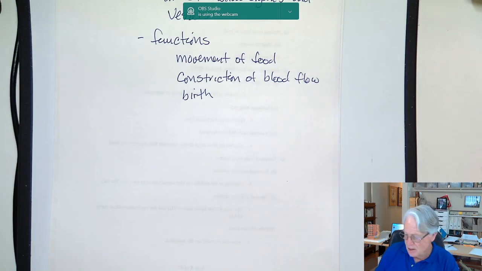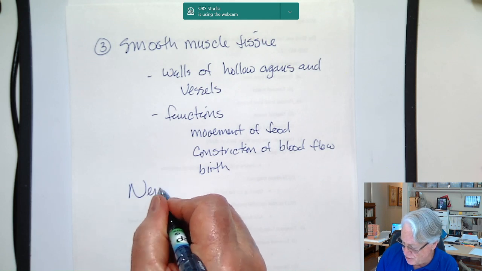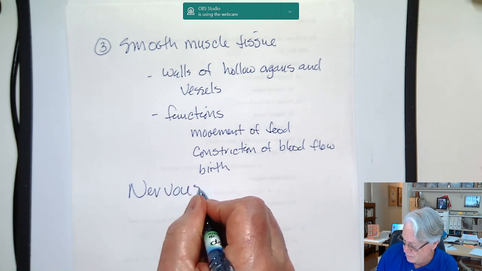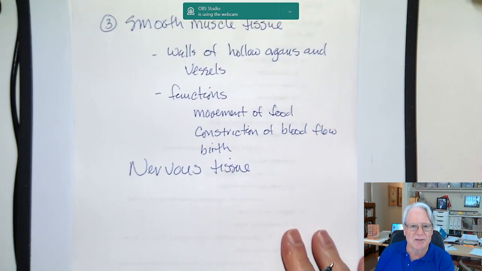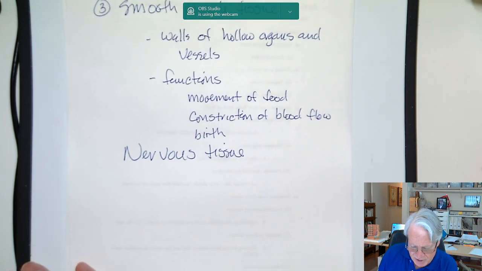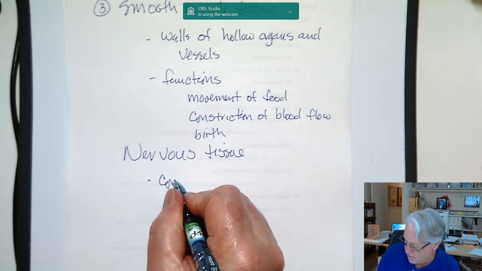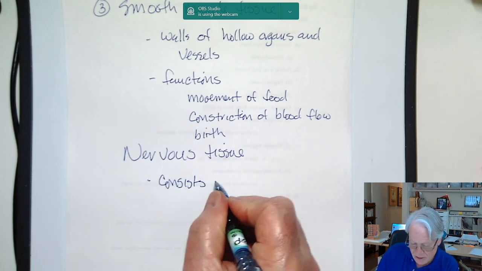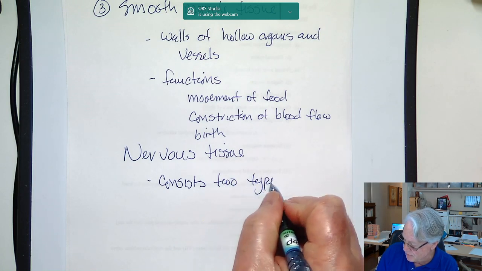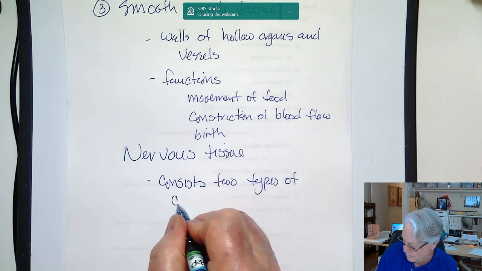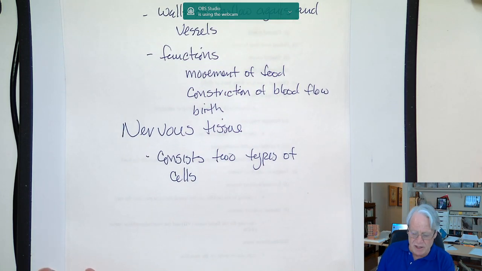Okay. All right, the last type of tissue is nervous tissue. And once again, there's a whole chapter devoted to this, so I'm not going to spend a lot of time here. But this consists of two types of cells. So that's kind of interesting. I think it is anyway. Two types of cells.